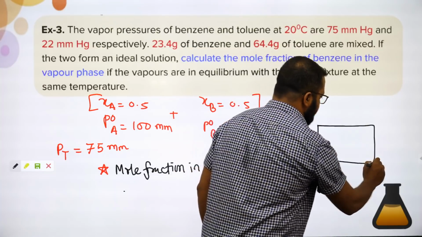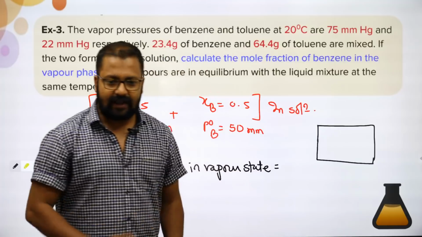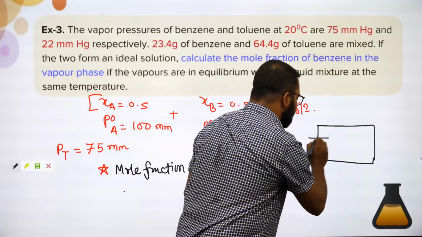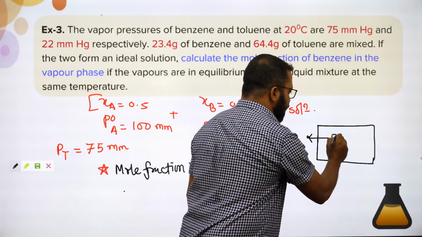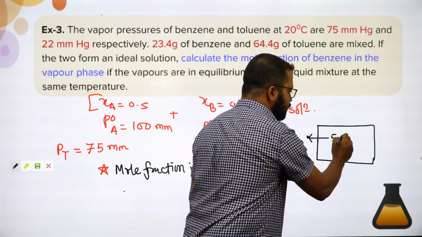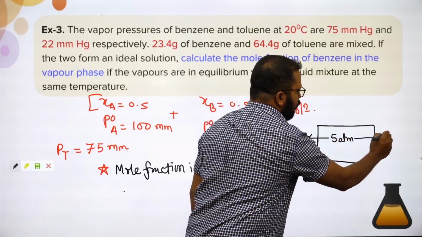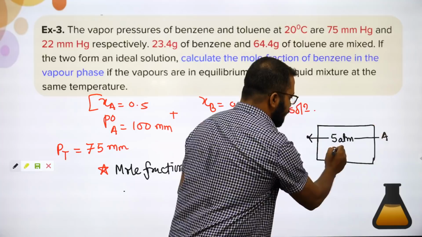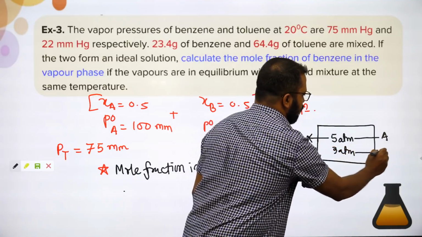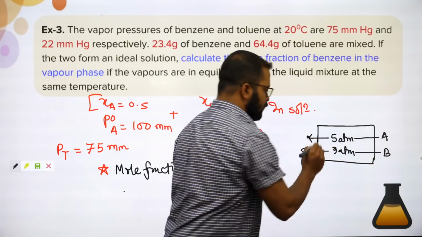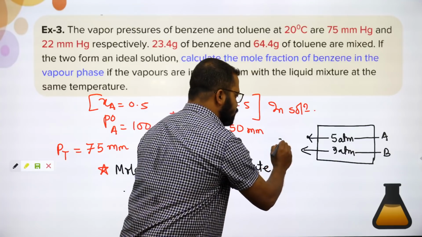Let's say there is a container which contains 5 atmosphere of a gas A and 3 atmosphere of gas B. Okay, the total pressure is 8.